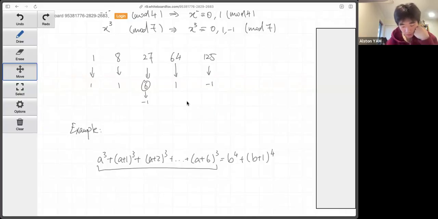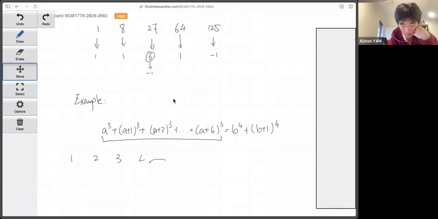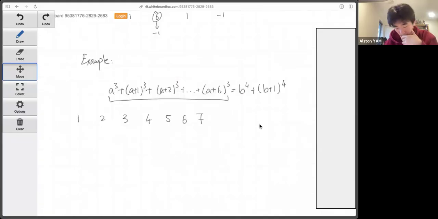In fact, I'll write down all of the cubes under mod 7. So if we have 1 cubed, 2 cubed, 3 cubed, 4 cubed, 5 cubed, 6 cubed, and 7 cubed. Obviously 7 cubed is 0 mod 7. We have 1, 1, minus 1.